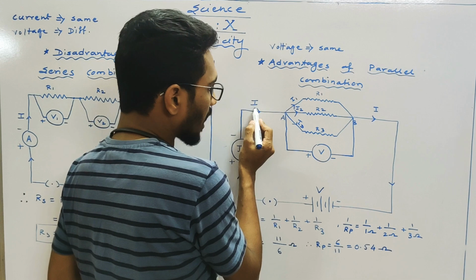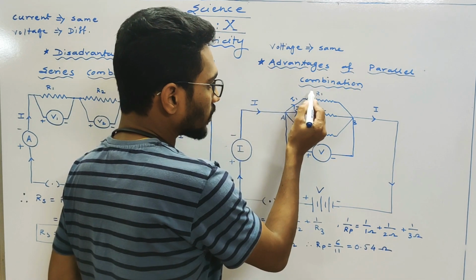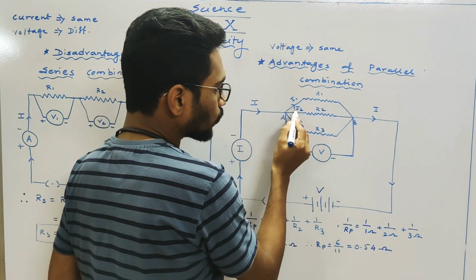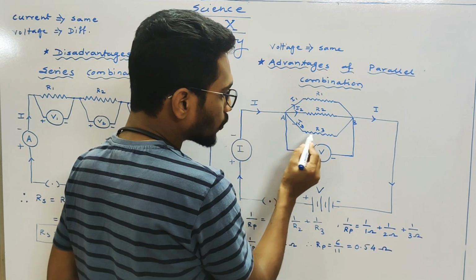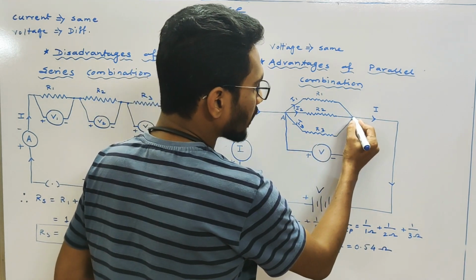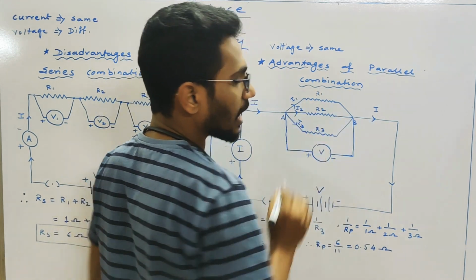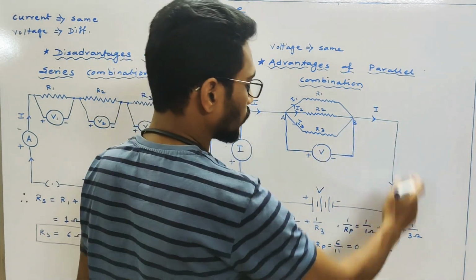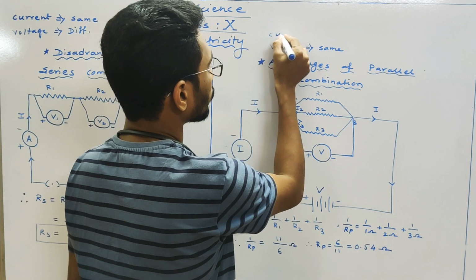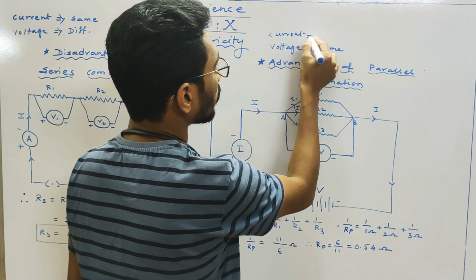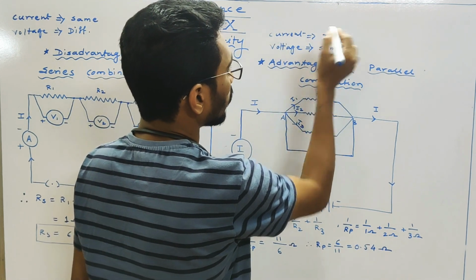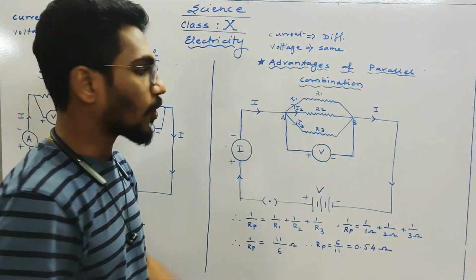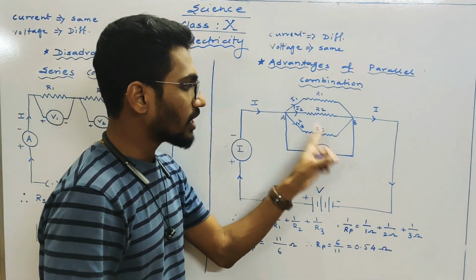Up to A it is I, then after A, I1 through R1, I2 through R2, I3 through R3. Again it combines at B and again becomes I. So I1 plus I2 plus I3 becomes I, and again goes to the negative terminal. So here the current is different for all the resistances R1, R2 and R3.